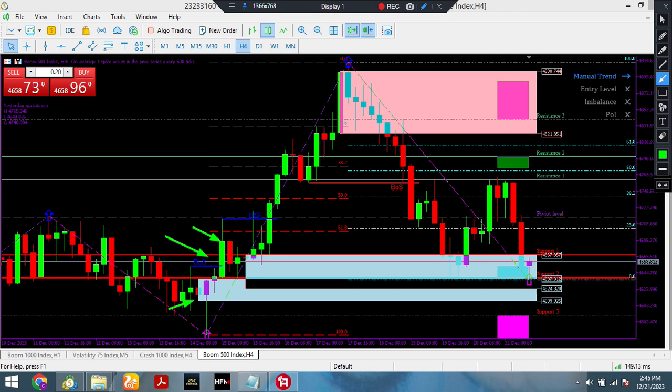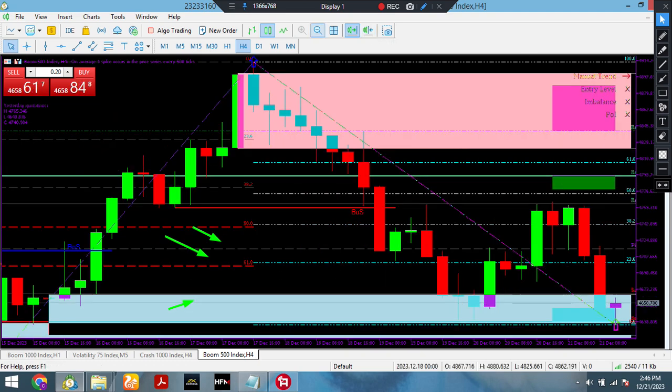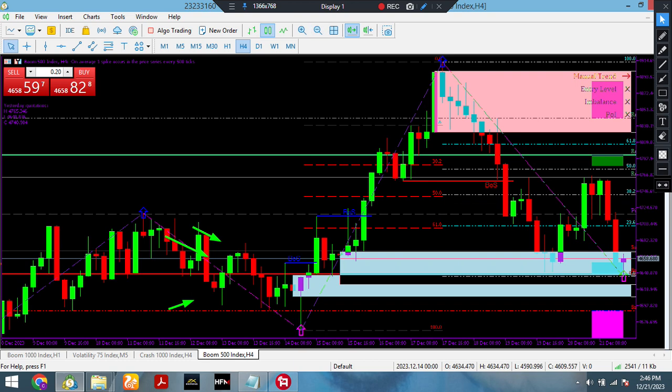When you check the BOS, let me zoom out a bit, you notice that this candle is a full candle. That means a full candle, not a rejected candle, right? This one has more weight compared to this.